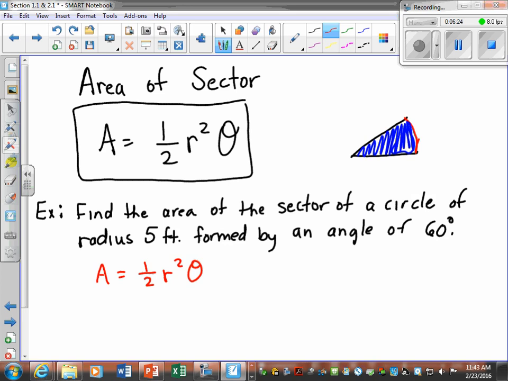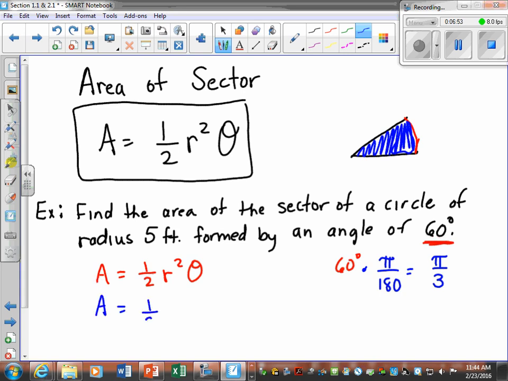So what did they give us our angle in? Degrees. So before we can actually plug this into our formula, we have to convert 60 degrees to radians, which means we multiply times pi over 180. So what we just did a minute ago. Reduce that, 60 over 180 simplifies to just 1/3, or pi thirds. So this is going to be my angle.